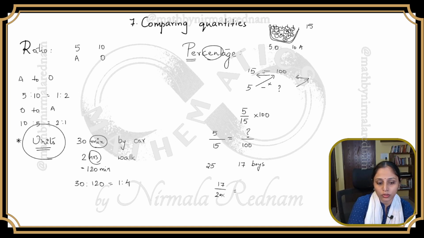Boys is to total is equal to, now when I say percentage, my total is 100. What is this quantity? Clearly, this is nothing but 17 by 25 into 100, right? Which is nothing but 25 fours, right? And this will give you 68%.